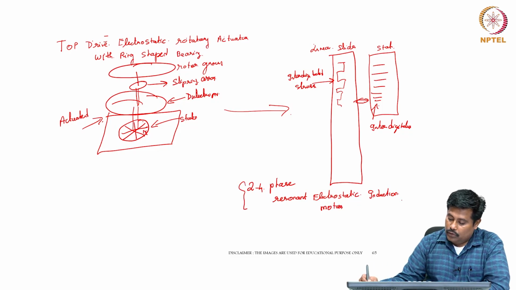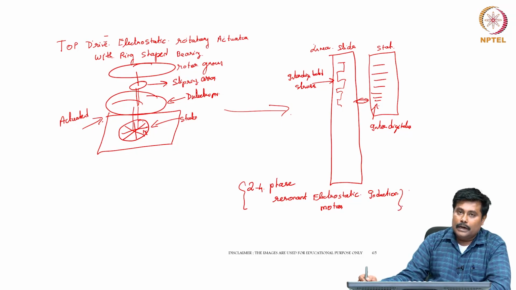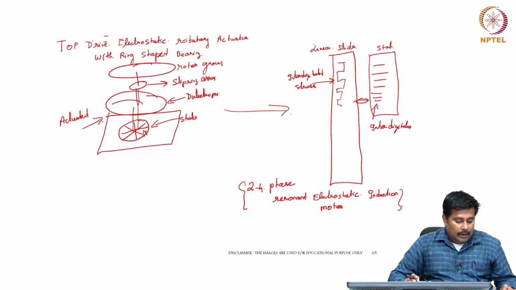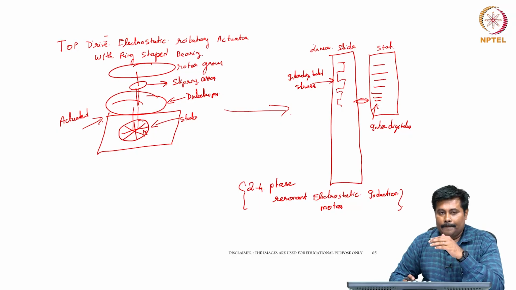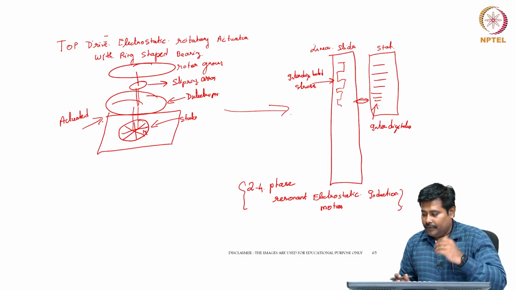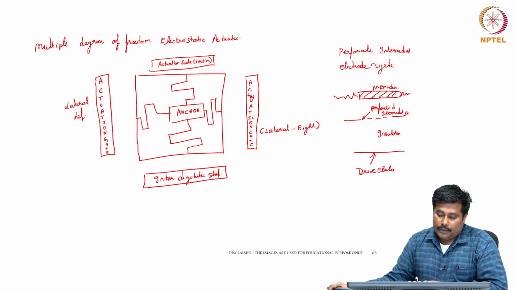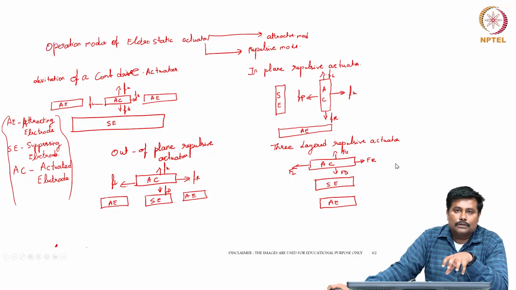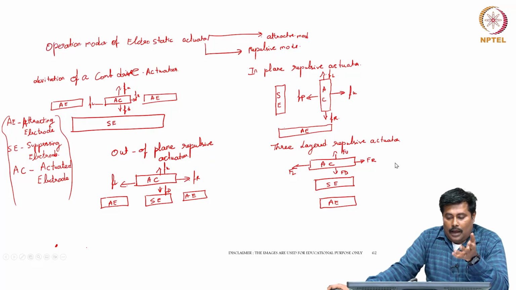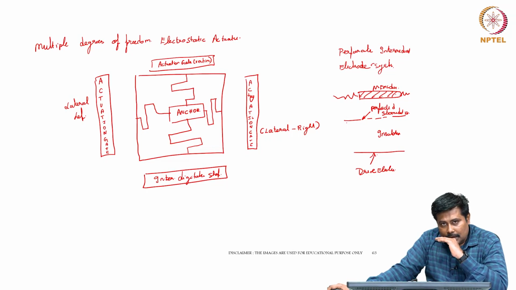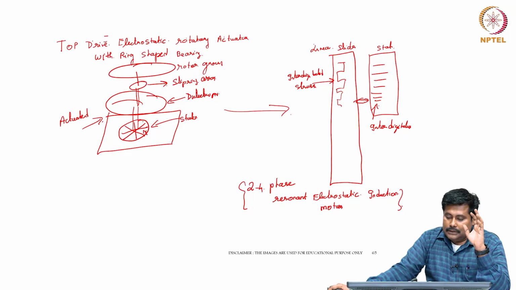These two four-phase resonant electrostatic motors will be helpful for a linear arrangement, where it can be used for converting actuation in a linear fashion. So overall, these configurations are well established based on the types of modes which have been reported, and based on the modes, these electrostatic actuators are being developed. However, we have not touched upon the comb drive actuator, so there is a separate section on the comb drive actuator which we will be discussing.